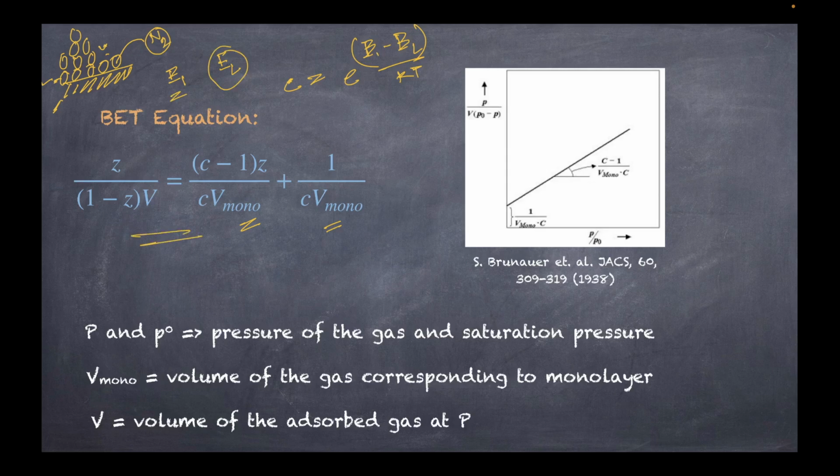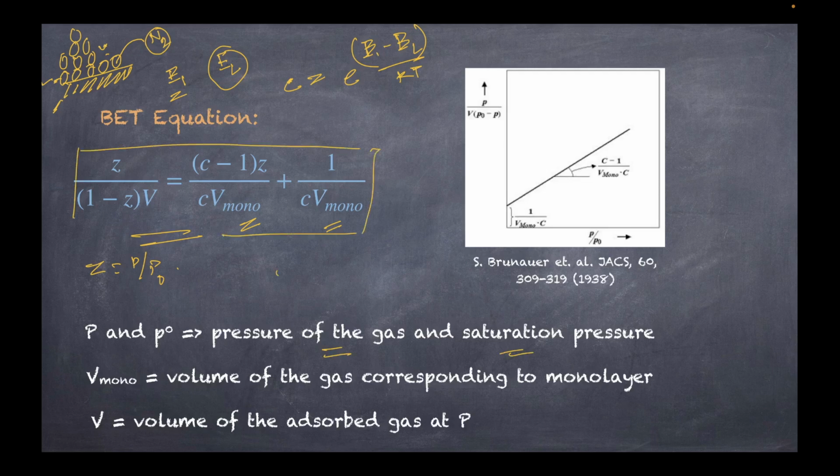The Z here is P divided by P0, where P is the pressure of the gas, that means the pressure at which the gas molecules are adsorbing on the surface, and P0 is the saturation pressure, that means the liquefaction pressure. At the saturation pressure, liquefaction starts. Now look at this equation.